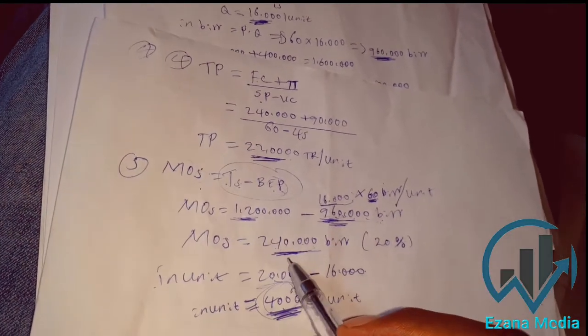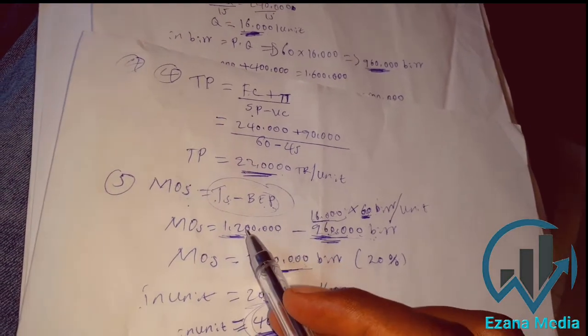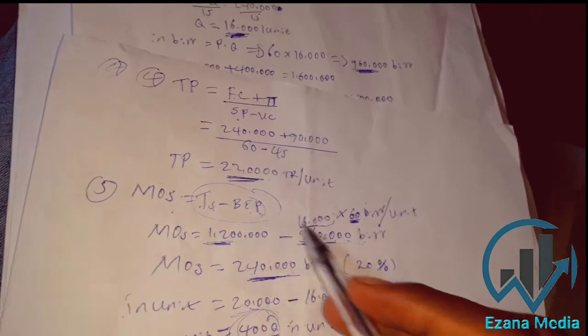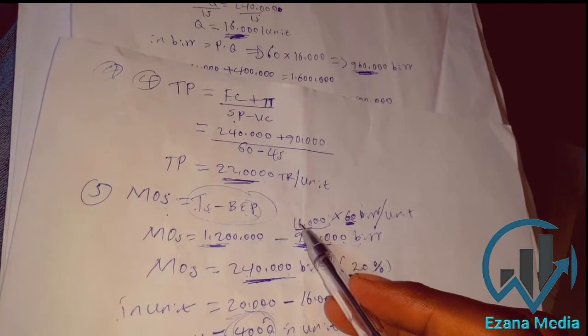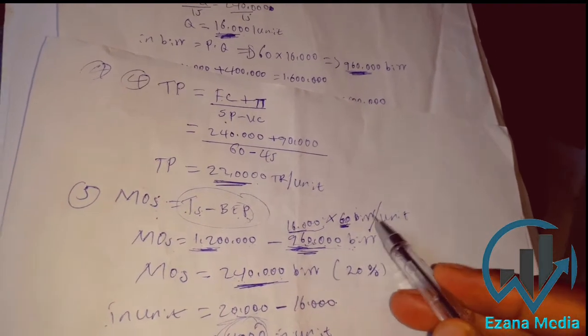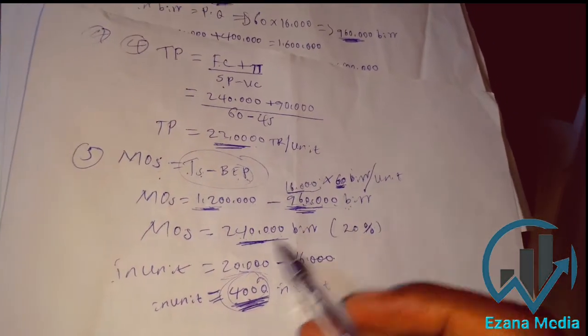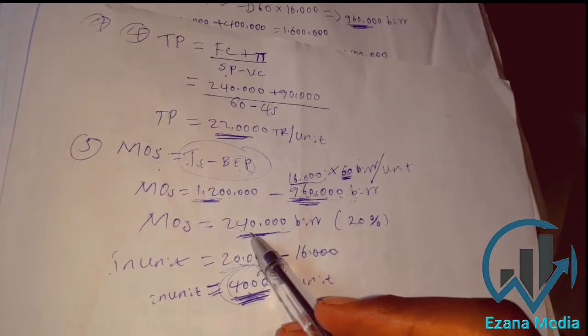This is the break-even point. So MOS is equal to 240,000.